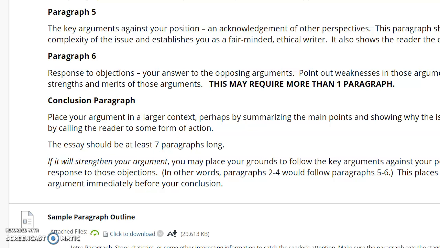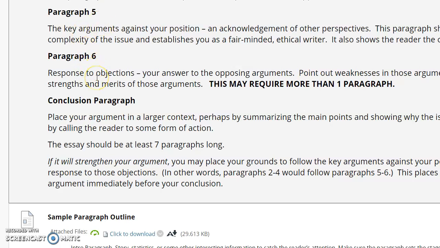And so you begin that paragraph probably with a sentence that says, "Not everyone agrees with my perspective." And then you state how other people view the issue. This is where I see students get off track most, because they want to start arguing against them. You merely state them.